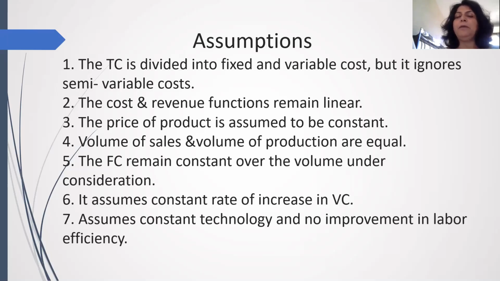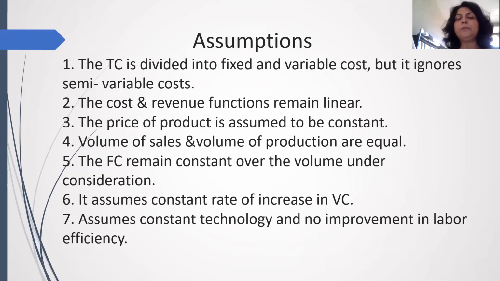The increase in variable cost is also at a constant rate. That means what? Constant returns to scale. That means every increase in output is associated with the constant rate of increase in the variable cost. There is no change in the rate of increase in the variable cost during the production.